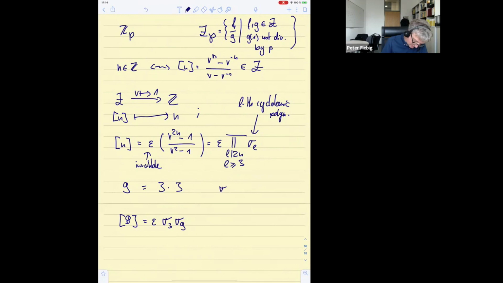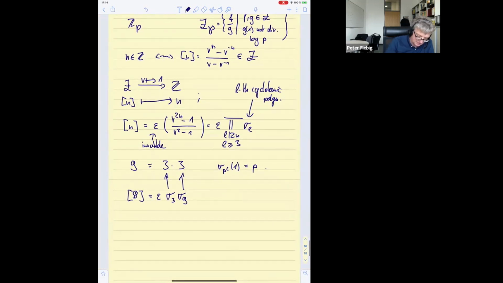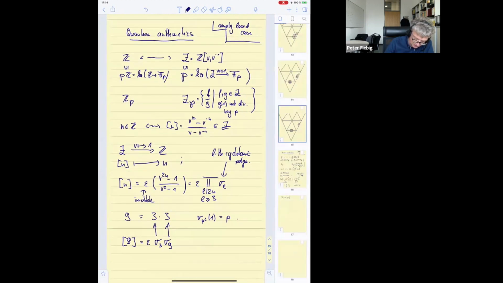By the way, sigma p to the L, if you evaluate this at 1, this gives always p, independent of L. So sigma 3 goes to 3, and this sigma 9 goes to 3. And now you can do just the same thing. And let me just tell you what happens with our torsion.